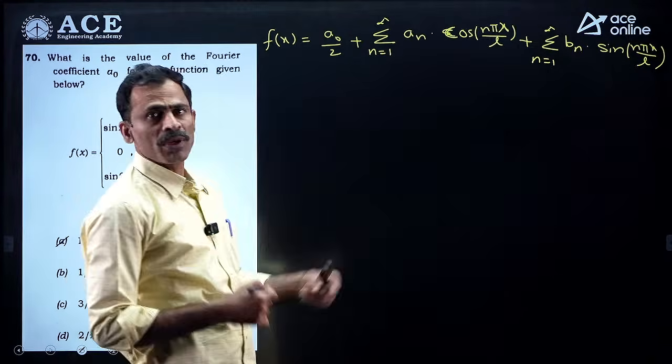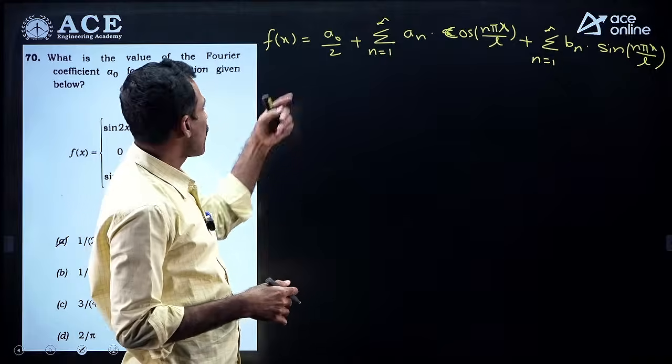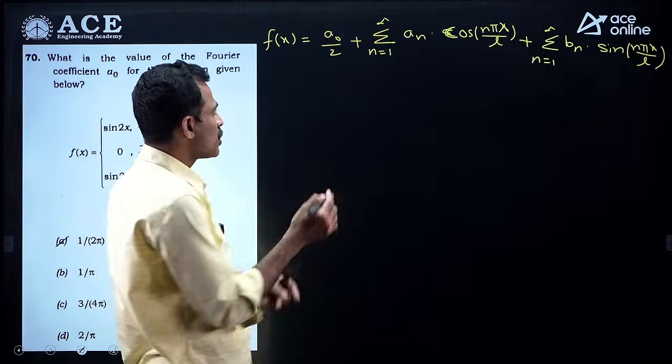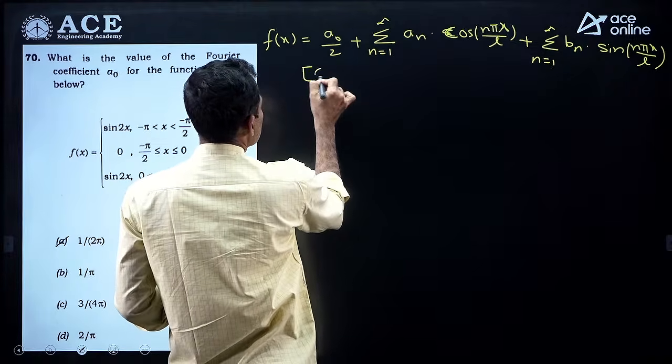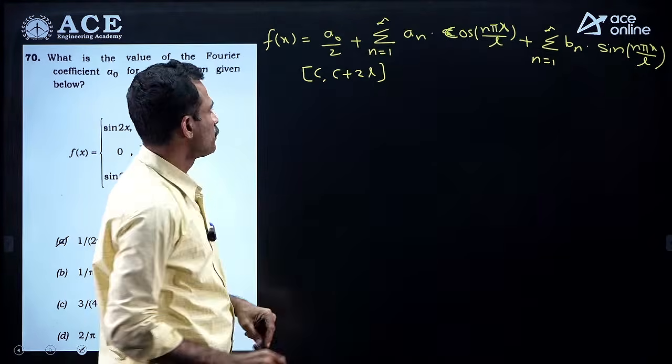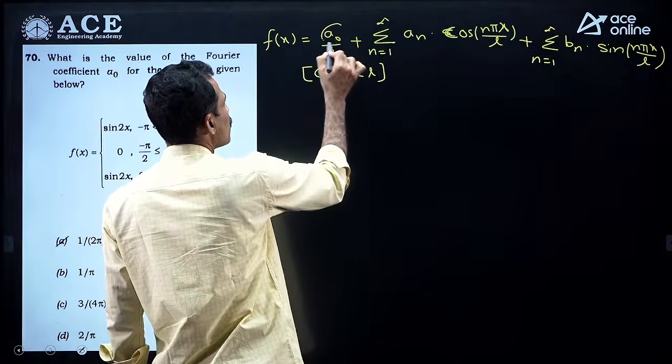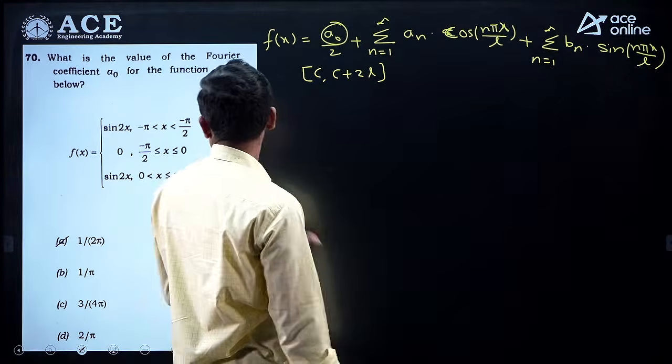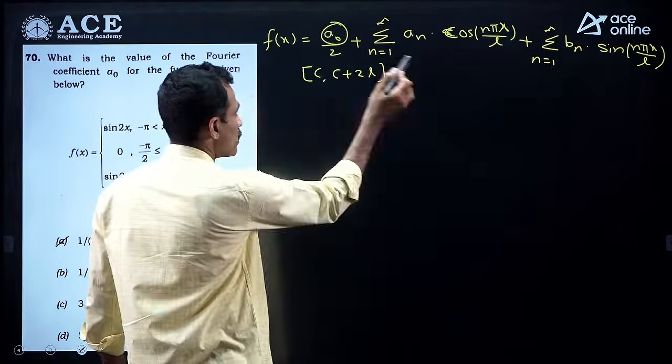It is the general formula of Fourier series expansion of any function in any general interval (c, c plus 2L), which may be closed or open, and we are asked to find this coefficient a naught in the Fourier series sum.